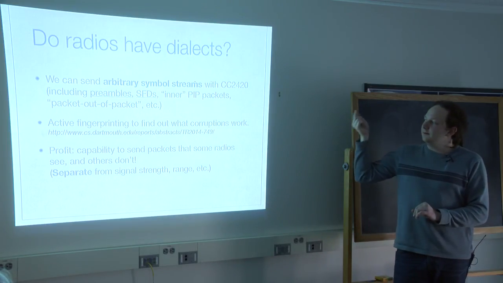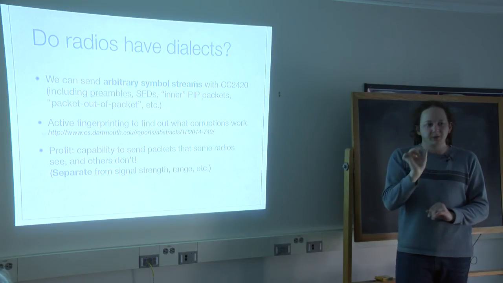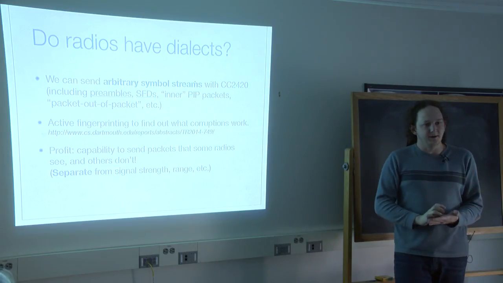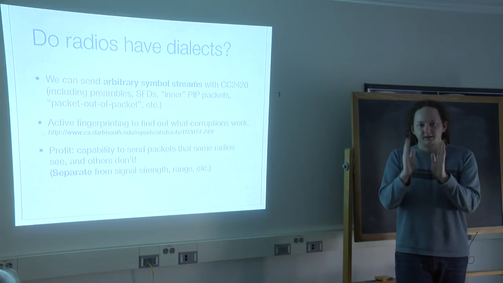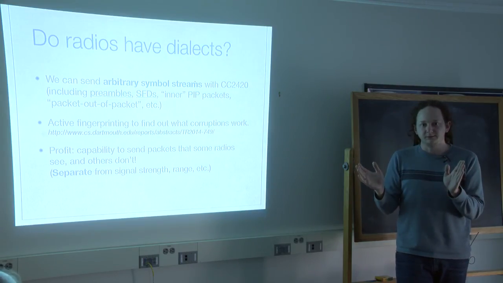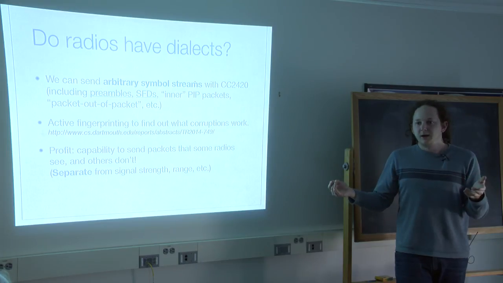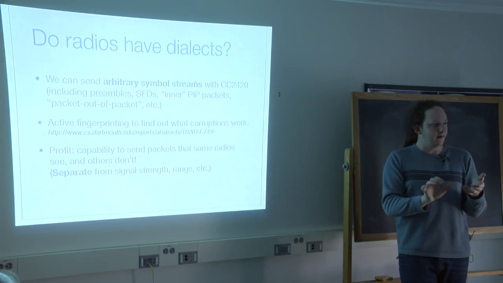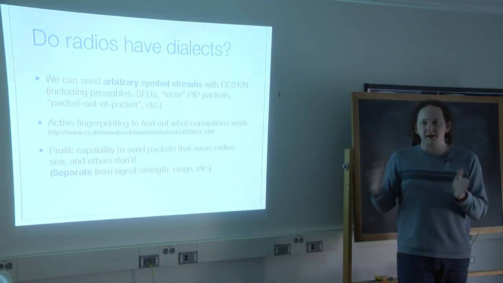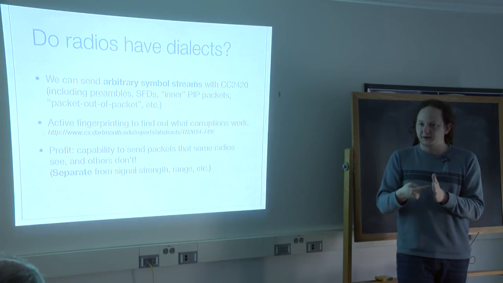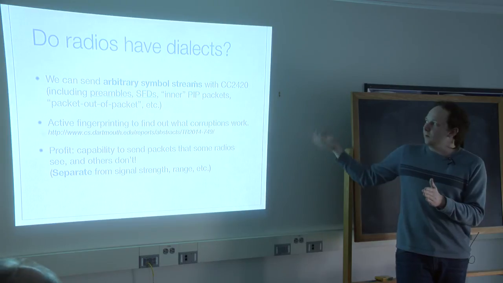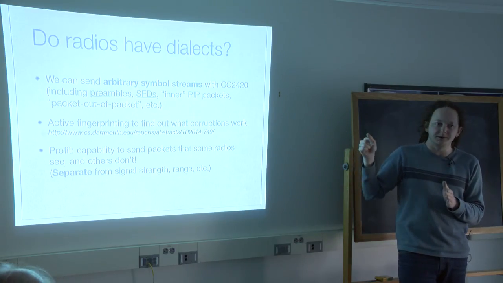But we changed the start of frame delimiter register on the transmitter so that the transmitter would send an outer frame that was never receivable by anyone. And this allowed us to control the inner frame just by setting bytes. And this allowed us to remotely inject layer 1 with perfect success in order to figure out what sorts of abuses the receiver could handle.